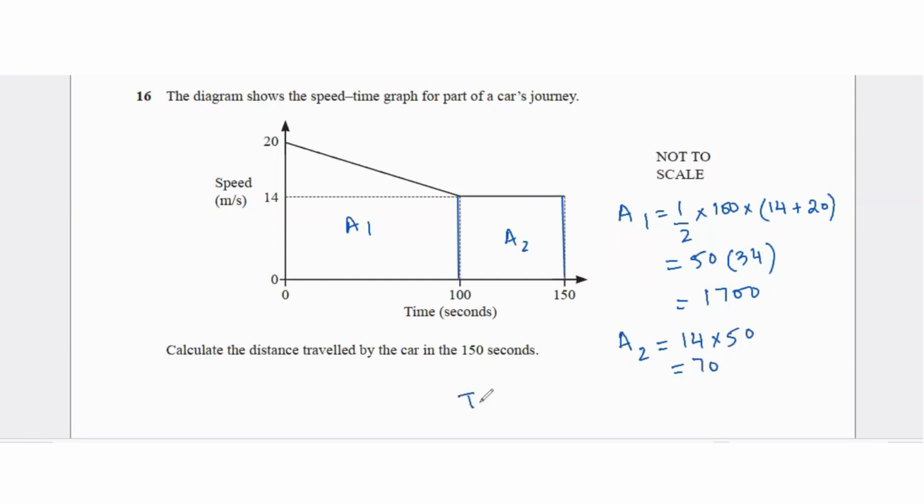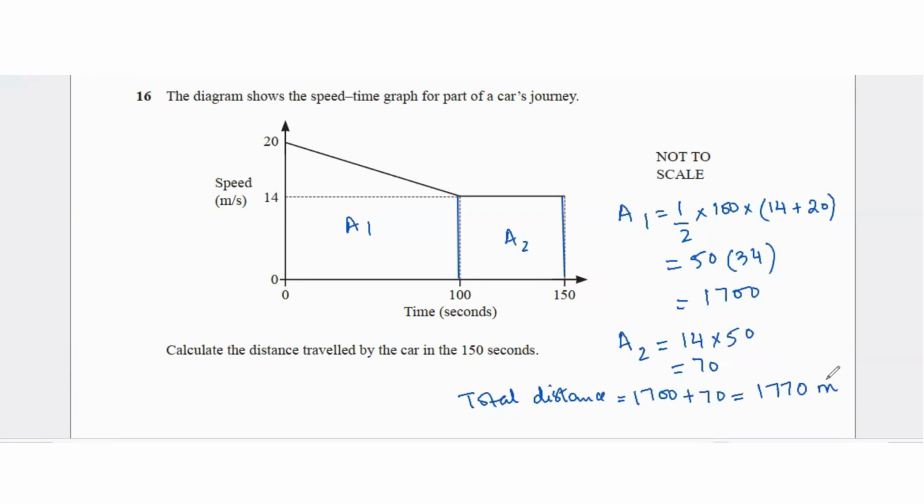So total distance is 1700 plus 70, which is 1770 meters.